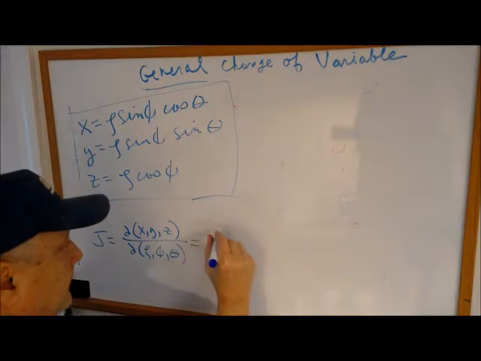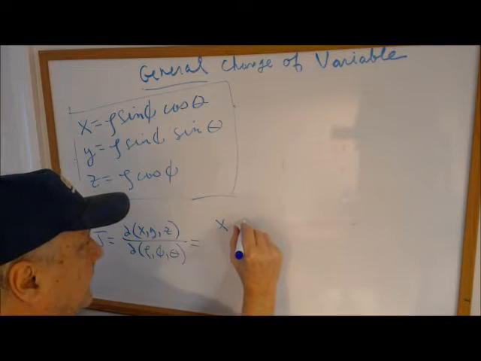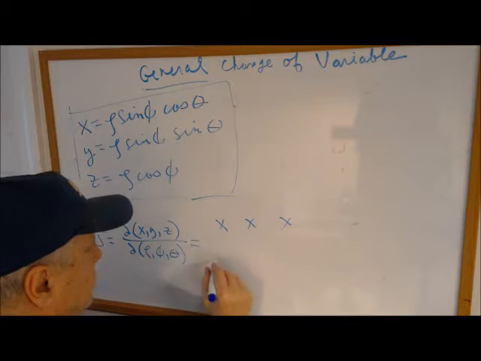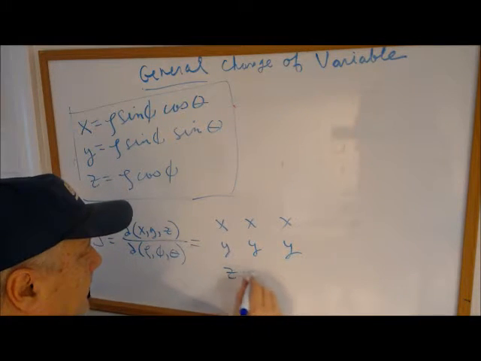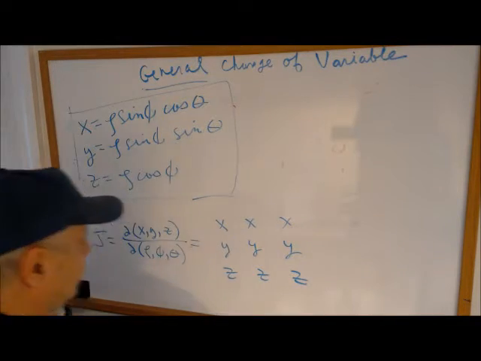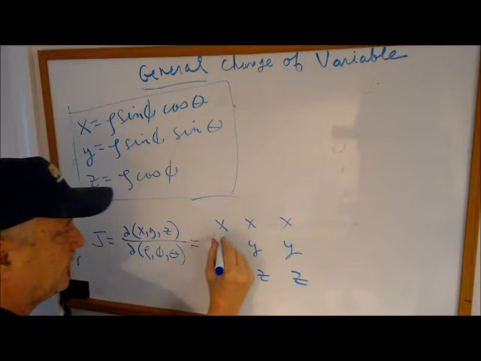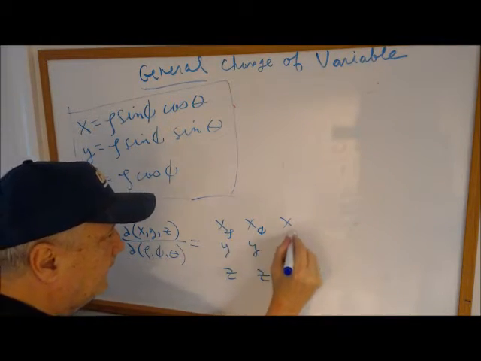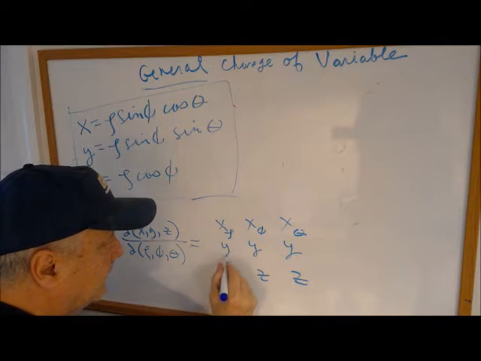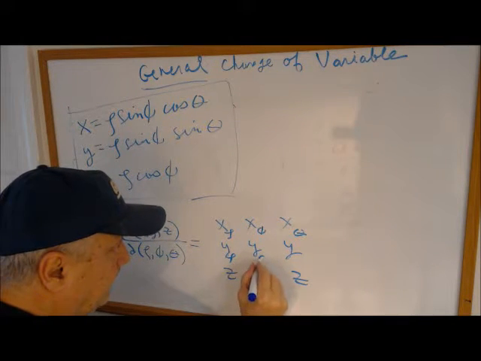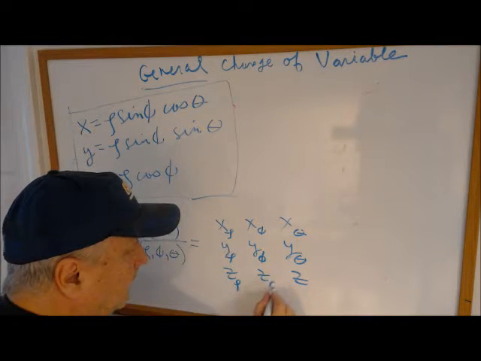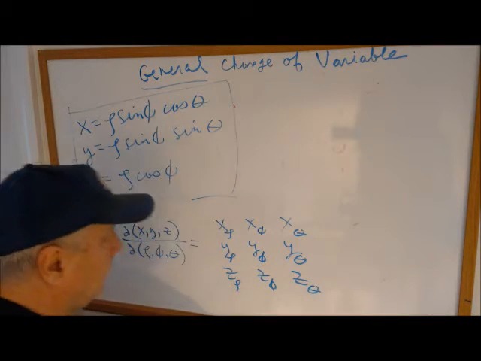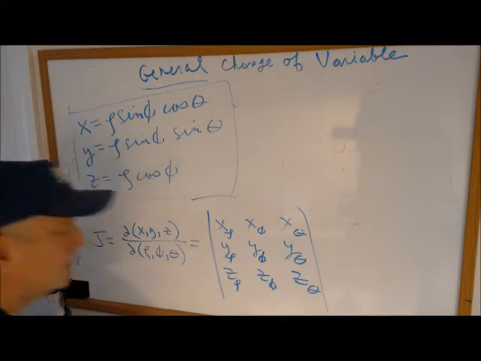You just write x, x, x, y, y, y, z, z, z, and then you take the partials with respect to rho, phi, theta, and then the same thing, rho, phi, theta, rho, phi, theta, the determinant.